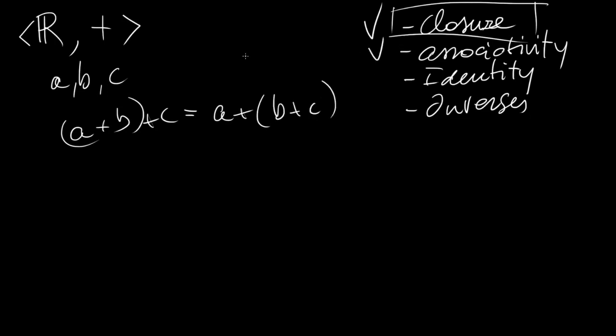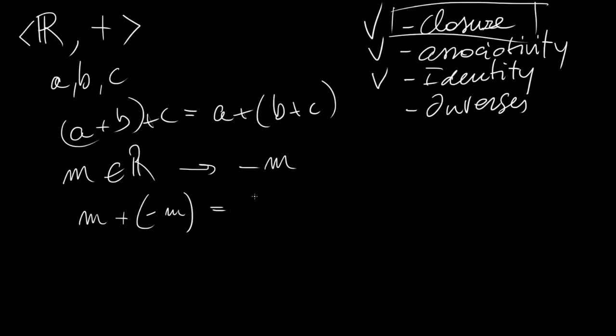The identity under addition, we said before, is 0. Any element plus 0 is that element, so we can check that. The inverses: if m is a real number, then the inverse is negative m, because m plus negative m is equal to 0, which is the identity. So we check them all, and the set of the real numbers equipped with addition is indeed a group.